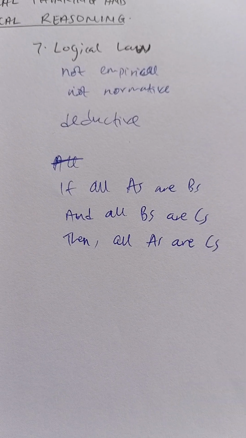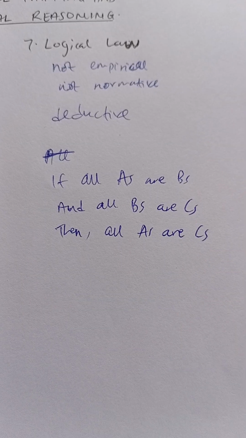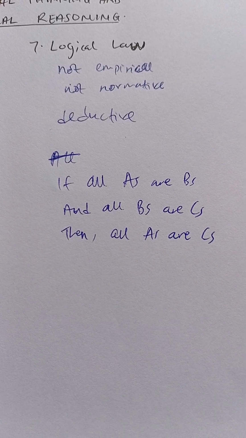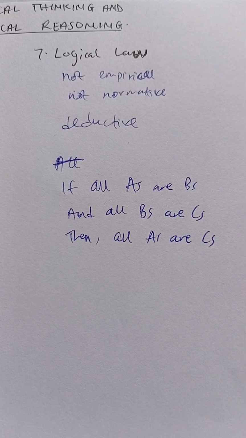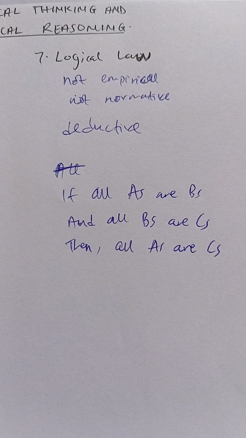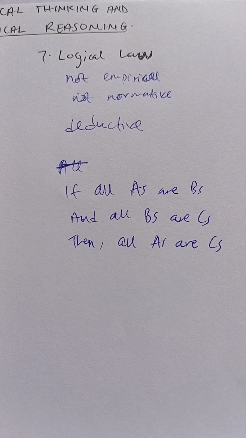You say this is logical. If all A's are B's and all B's are C's, then all A's are C's. So from your starting point, everything is true. So that is why I say they are deductive. They guarantee that if your starting points or your premises are true, then your conclusion will also be true.